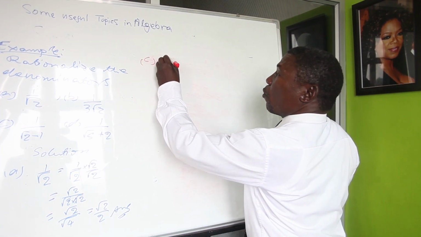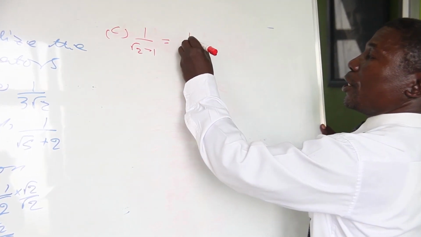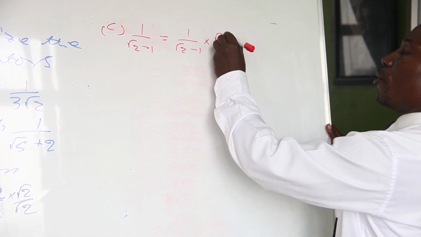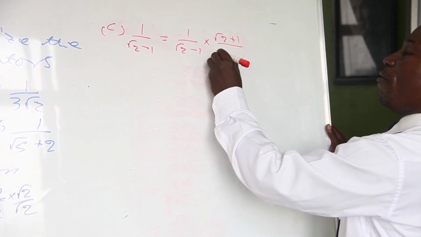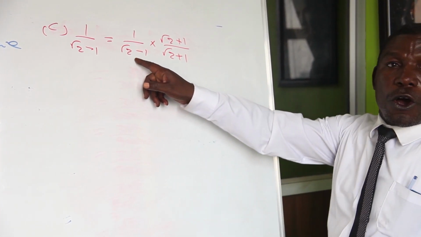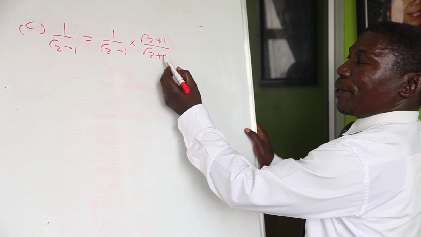C. 1 over root 2 minus 1. This is 1 over root 2 minus 1 times root 2 plus 1 over root 2 plus 1. I recall the difference of two squares: because there is a minus sign, this one should be a plus.